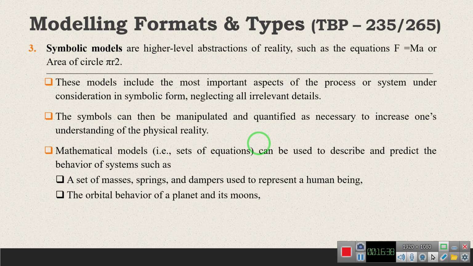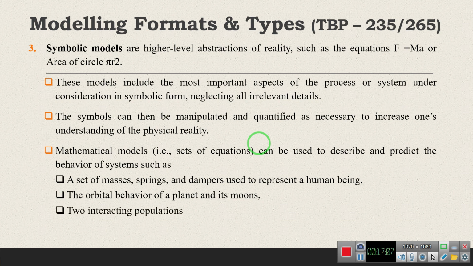The orbital behavior of a planet and its moons, means we are writing equations about the planet and its moon's behavior, and it will show the paths, distance, gravity, and everything in the equations. We are not testing directly there, and we are not showing it in reality. We are writing the equations and representing it.